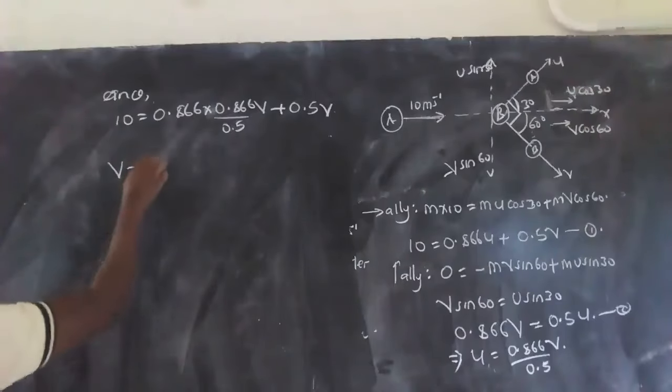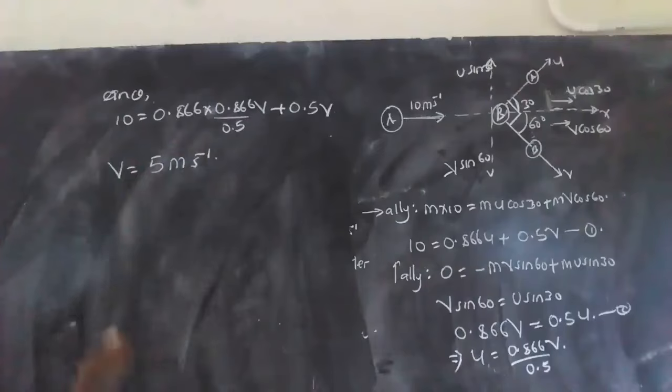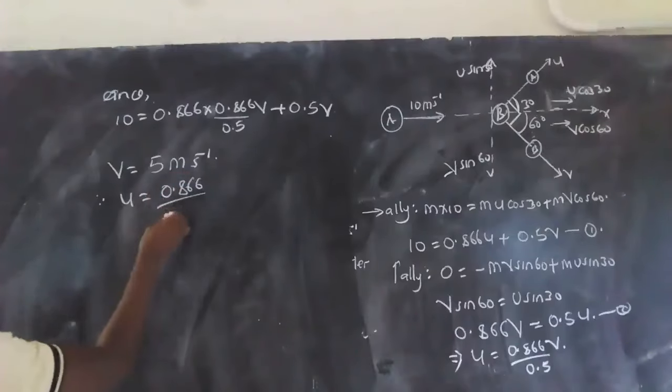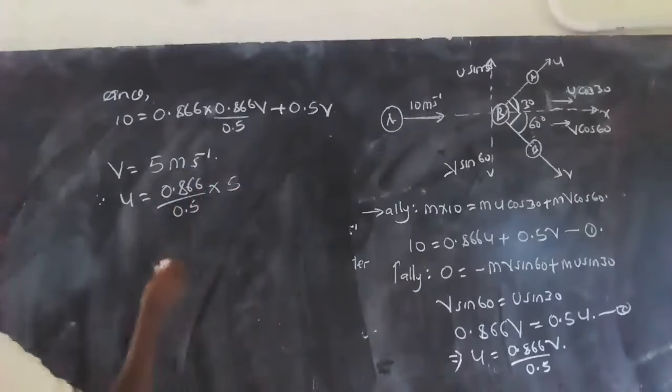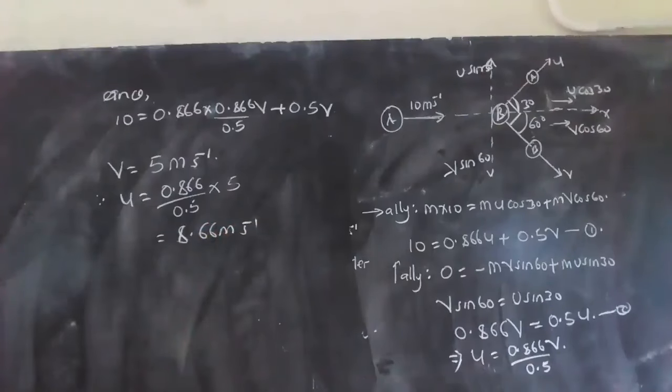Our v will become 5 meters per second. Then therefore, our u will become 0.866 divided by 0.5 times 5, which is 8.66 meters per second.